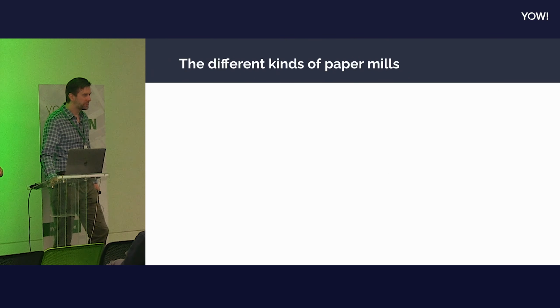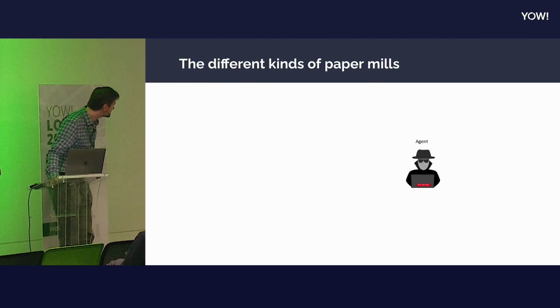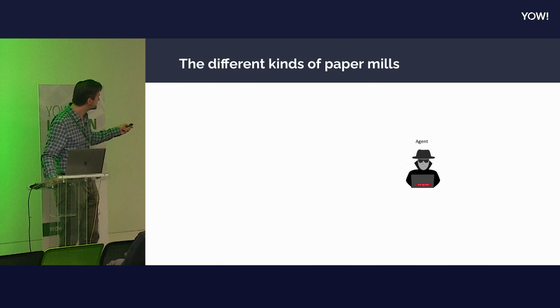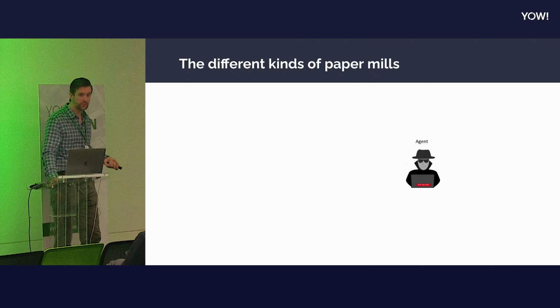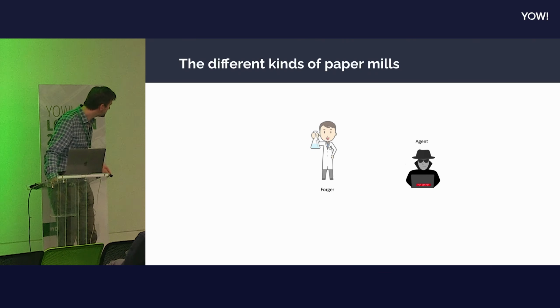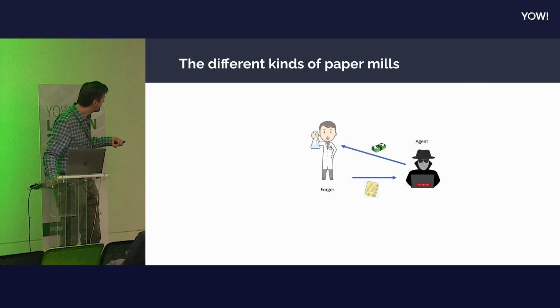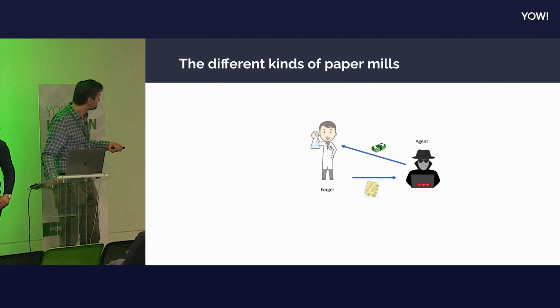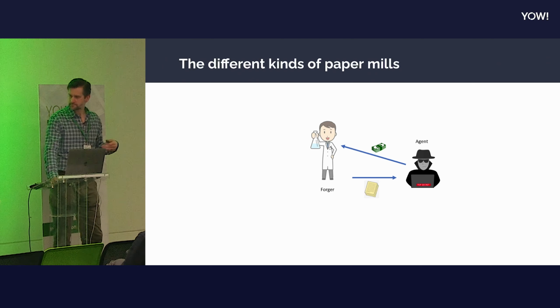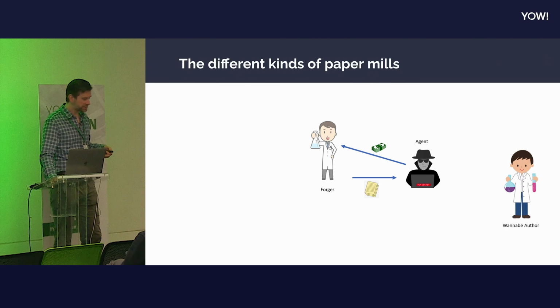I'll explain a bit about what paper mills are, because not everyone is familiar with that concept. So this right here is a very, very naughty man, okay? What he does is he goes around and looks for somebody who can write a fake paper. This person writes a fake paper for him, gets some money, and then he has another look around. He says, well, maybe I can find somebody who wants to be an author.